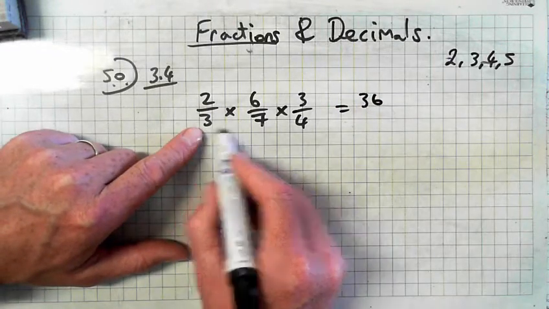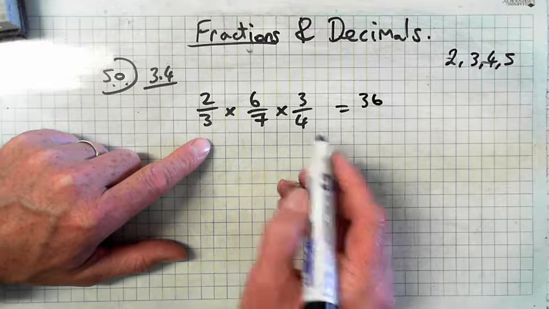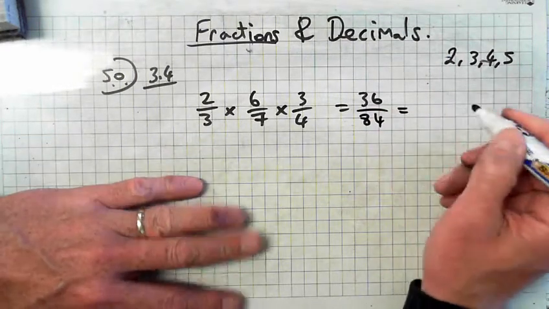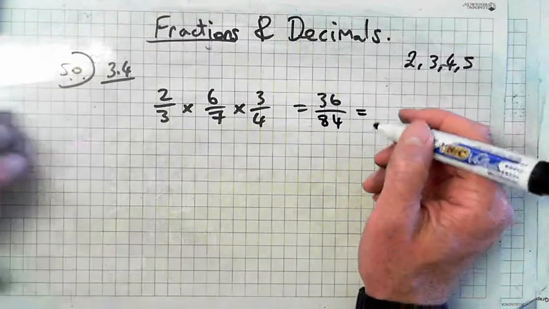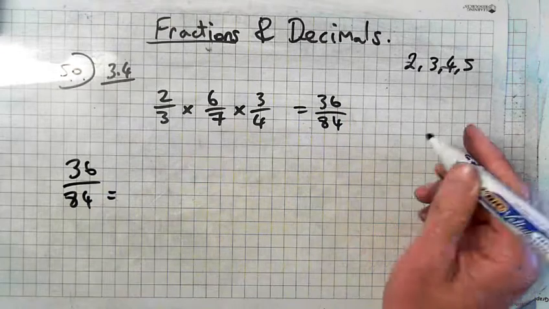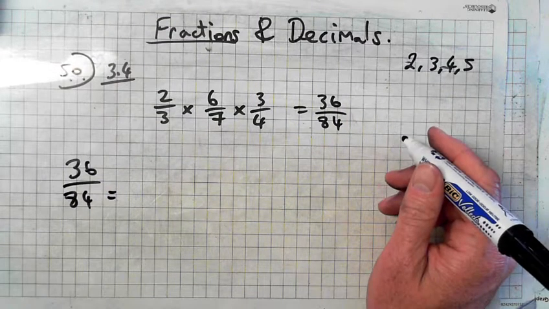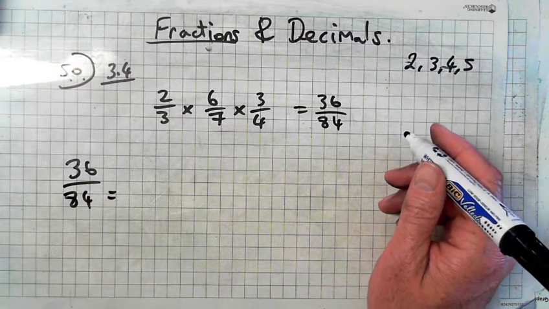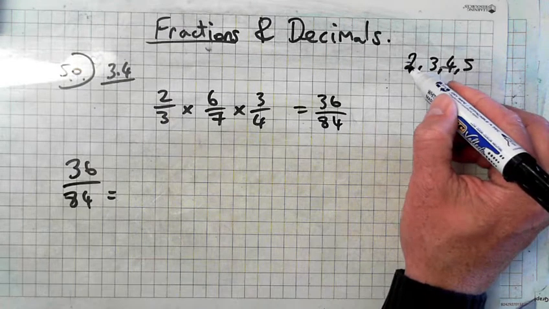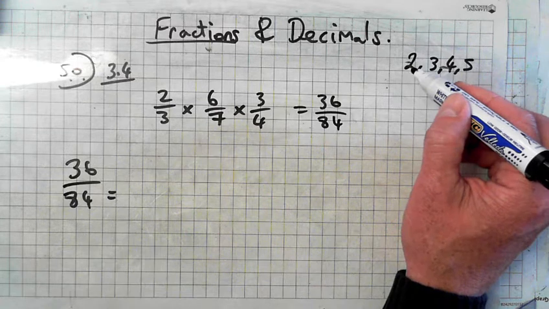Now I've got 3 7s are 21 times 4, 84. Alright, so I'll simplify. I'll do it down here. If you don't know what number divides in straight away, well, will 6 divide in above and below? You could do 12. But if you didn't know, you could start off with 2 and you could keep dividing.